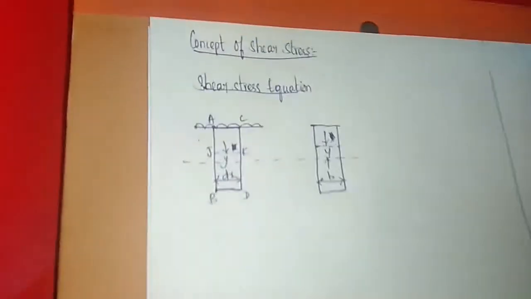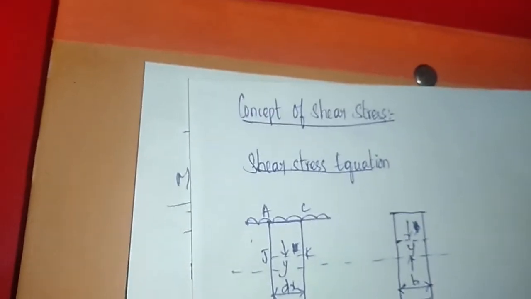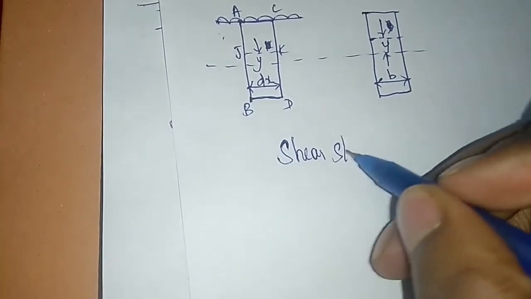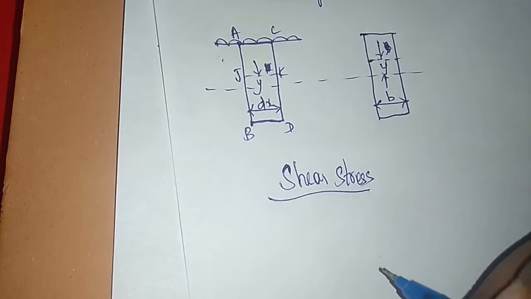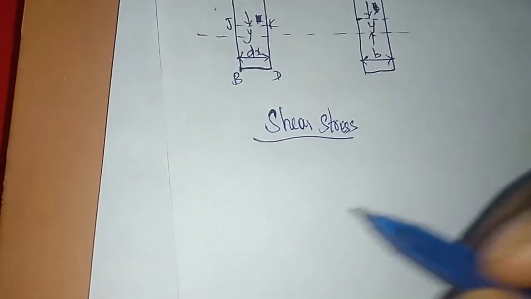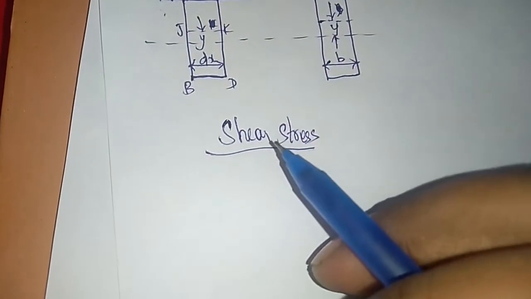So first your topic is the concept of shear stress. First I will explain what shear stress is. There are two types of stresses that act on a particular object if it is loaded.